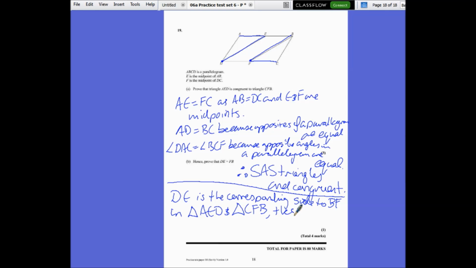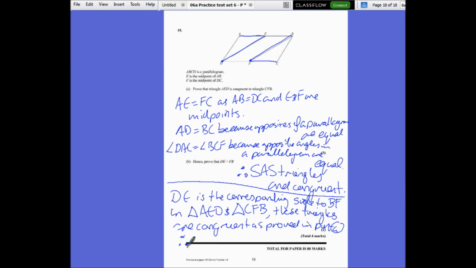These triangles are congruent as proved in part A.